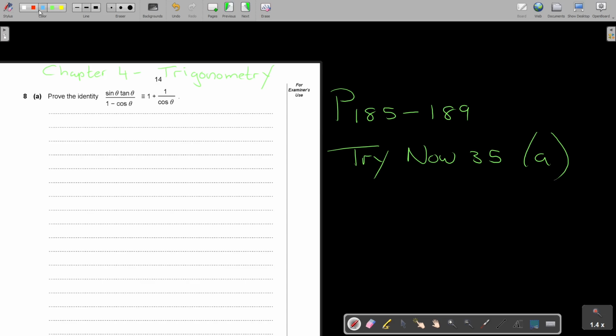Okay, so let's start. I'm saying that sin theta tan theta over 1 minus cos theta is the identity 1 plus 1 over cos theta. It was not necessary to write it over. Now I'm going to start with the left-hand side.